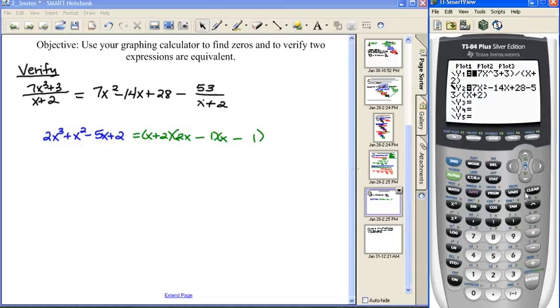We can repeat the process for the polynomials, and that's really an important thing for you to check, because you're going to be factoring these polynomials and you want to make sure that you've come up with the correct factorization.